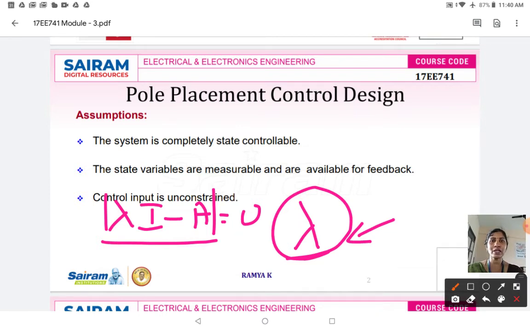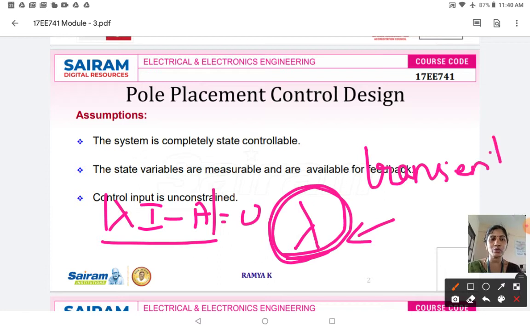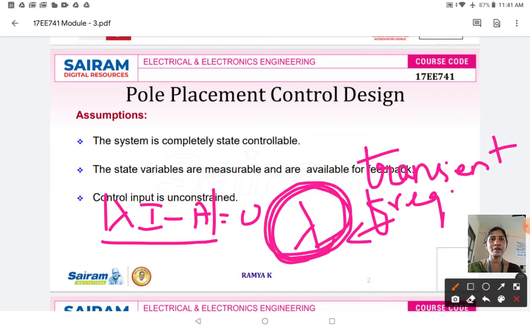First, the desired closed loop poles need to be identified. The desired closed loop poles are obtained by means of your eigenvalues, and these eigenvalues are evaluated based on your transient response or frequency response. So based on these two responses, we will be identifying the desired poles.